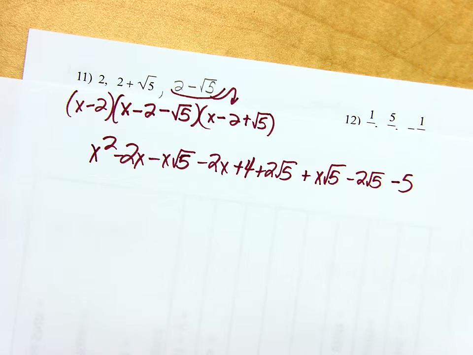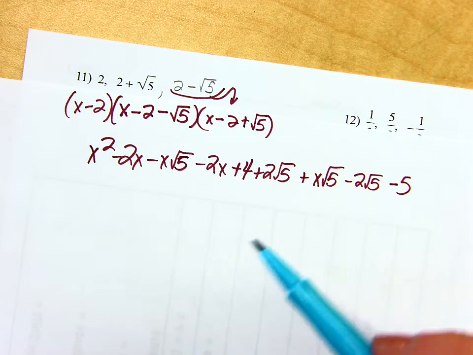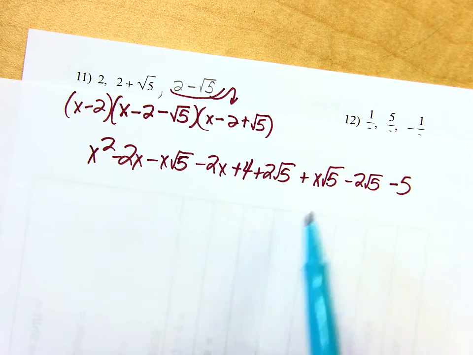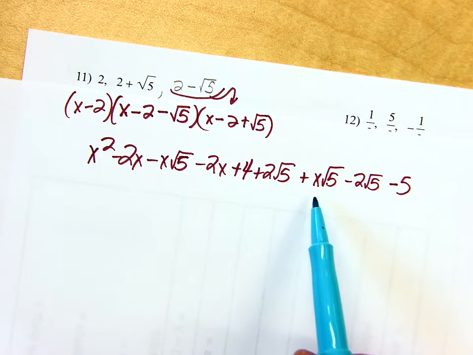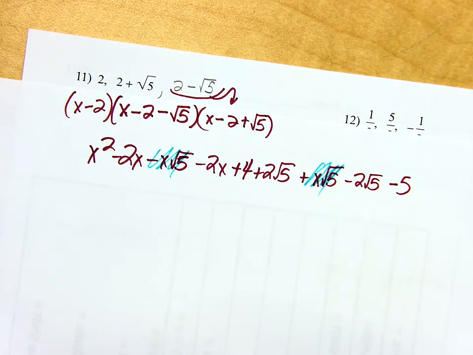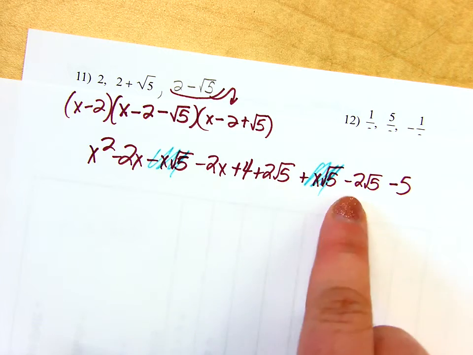Now this part right here is so satisfying. This is what makes it so fun. If you've done everything right, all the weird stuff is going to cancel. All those irrational things will cancel out. Wait till we do an imaginary example. That's real fun. So, watch this. I have a negative x root 5. But lo and behold, I have a positive x root 5. They cancel with each other. By golly, I have a positive 2 root 5 and a negative 2 root 5.